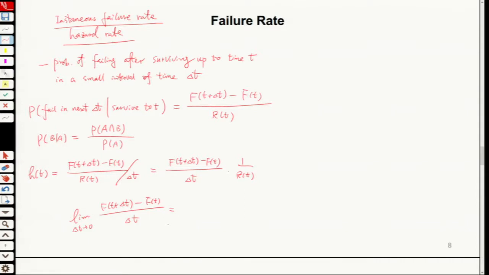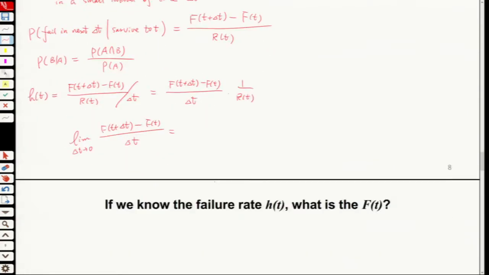This is the CDF, and this is a derivative, F prime(t), which equals f(t).